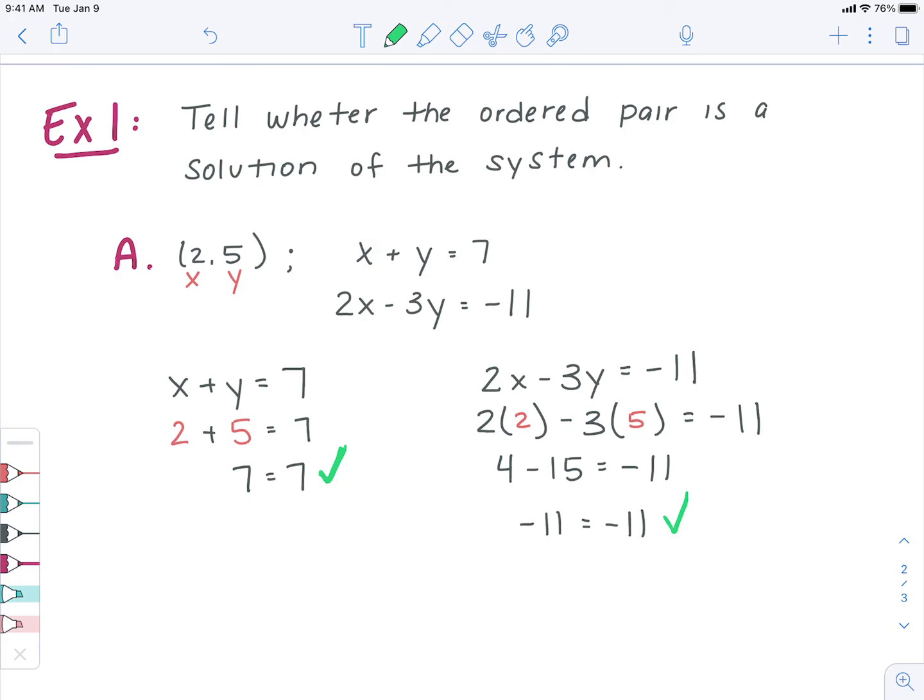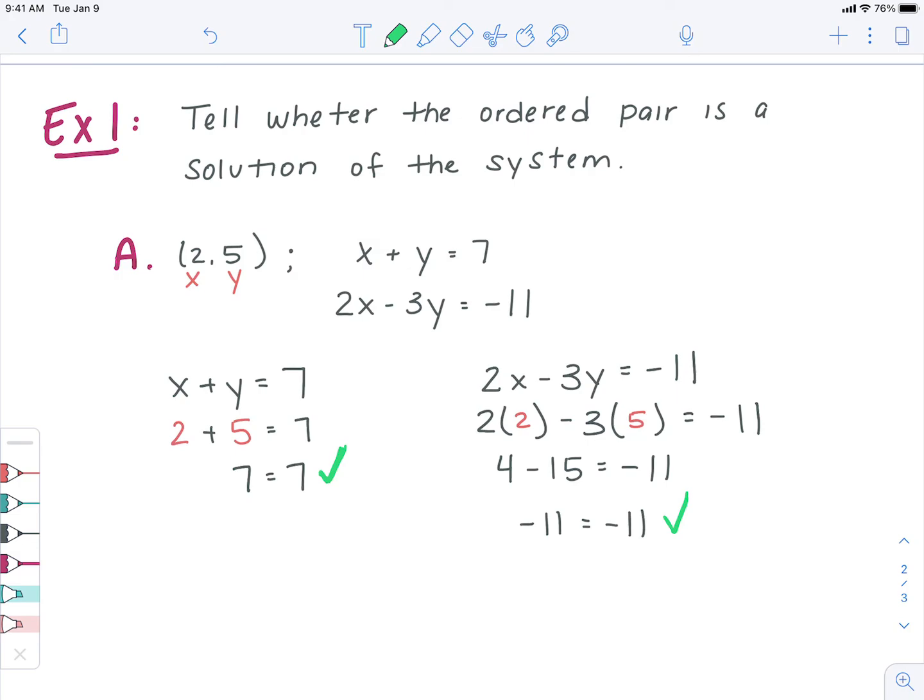Since this point makes both equations true, it's a solution to the system. If it only made one true, it's not a solution. If it didn't make either of them true, it's really not a solution. It has to make both true in order to be a solution.